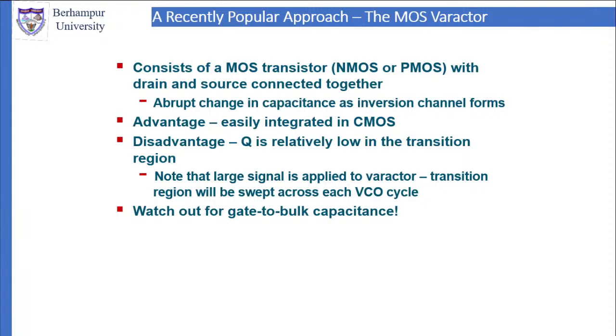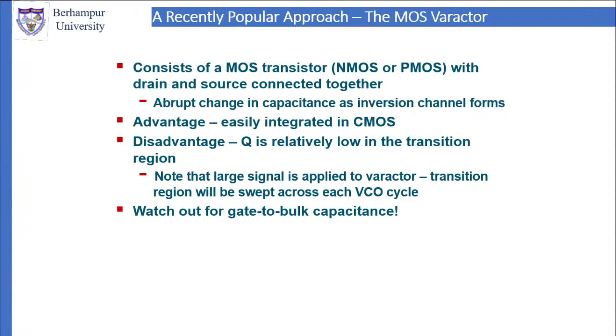It will behave like a diode. This is a new and popular approach. By this, physically there is an abrupt change in the capacitance because of inversion of the channel, that forms the capacitance.